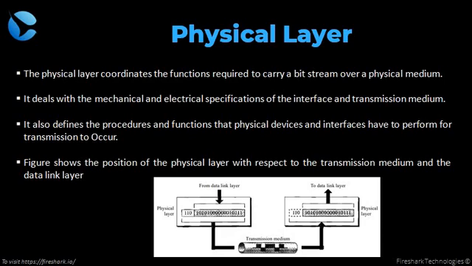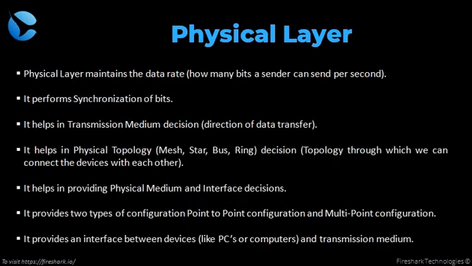As you can see in the figure, the physical layer is responsible for the movement of individual bits from one hop, or we can say one node, to the next node. So the physical layer maintains the data rate.